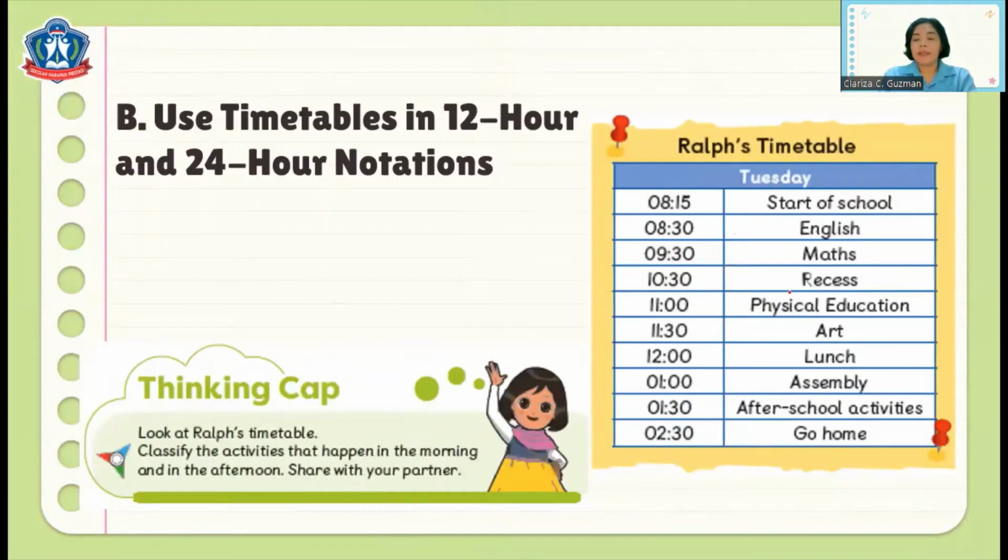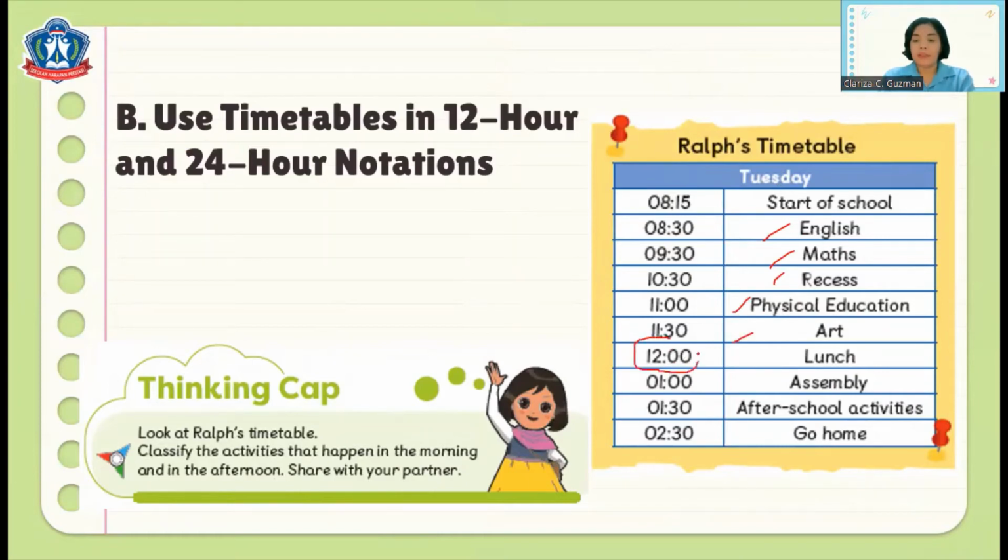Classify the activities that are happening in the morning and in the afternoon. So what are the activities or the subjects of Ralph on Tuesday in the morning? So we have a different start of school. So the morning classes are English, math, recess or lunch break, physical education, and art.